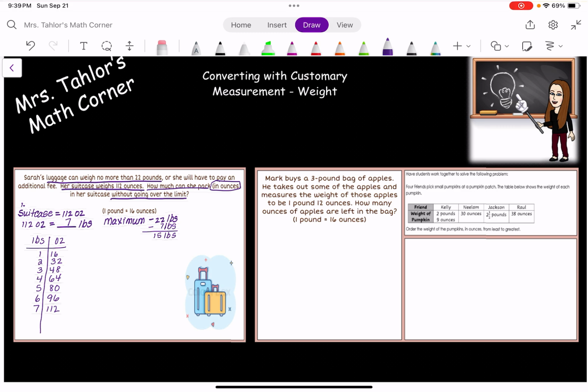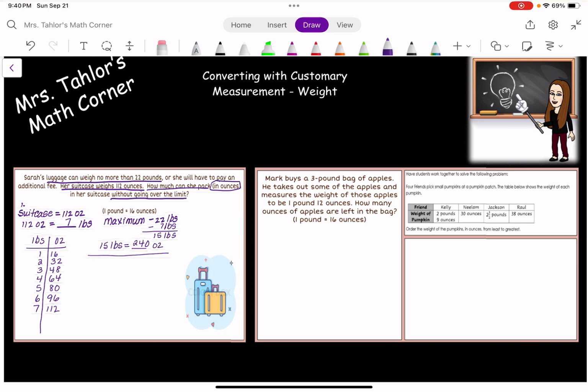So I would need to convert 15 pounds into ounces. I know that if I multiply 15 pounds times 16, it will give me 240 ounces. So that's the first way to find out that Sarah can pack 240 ounces in her suitcase without going over the limit.